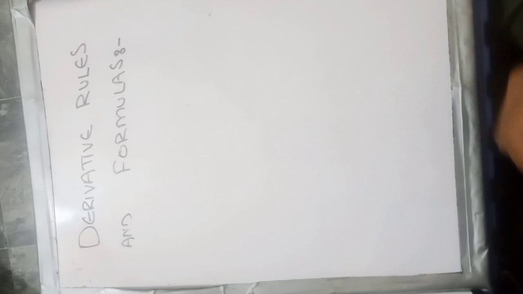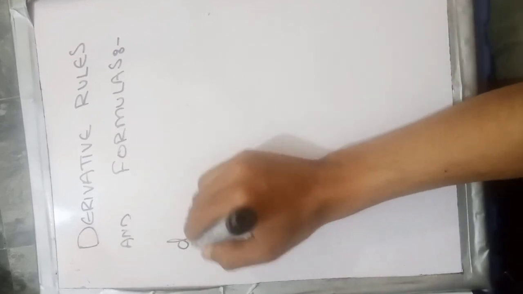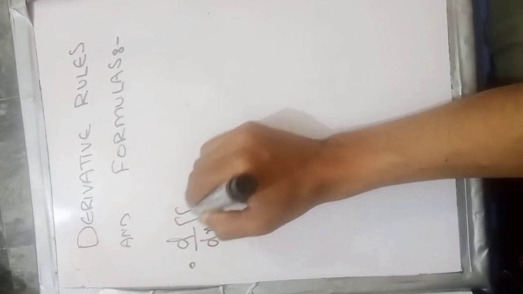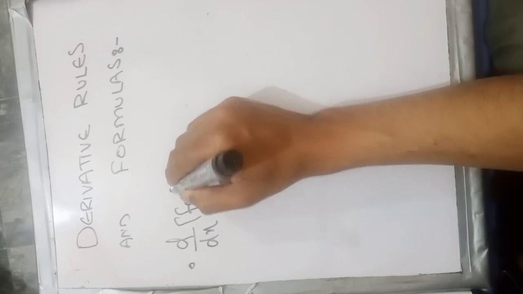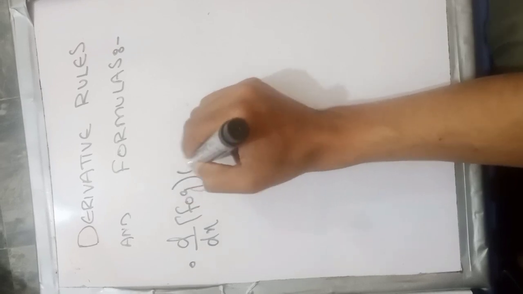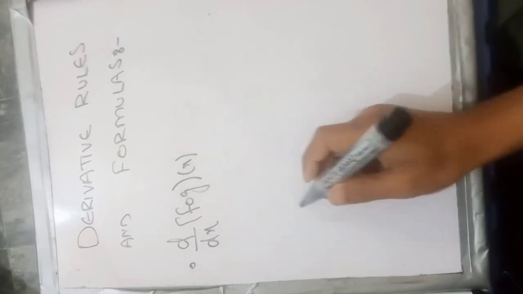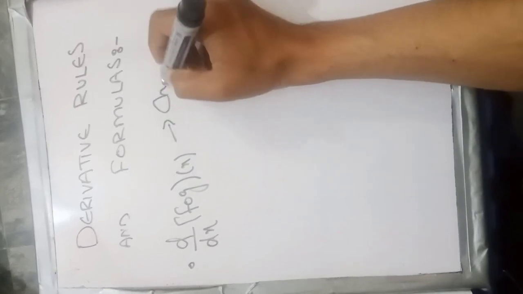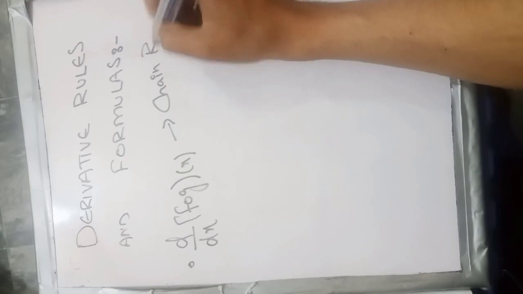Next one we will discuss is the composition of two functions. Product and composition are two different operations. For example, f of g of x. In a composition of functions, we use the chain rule.